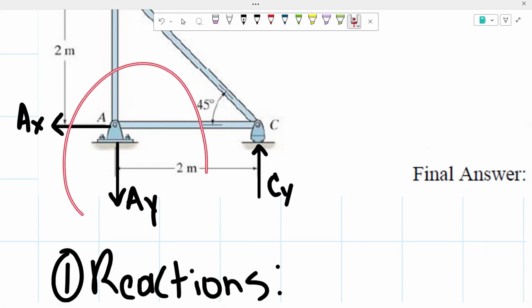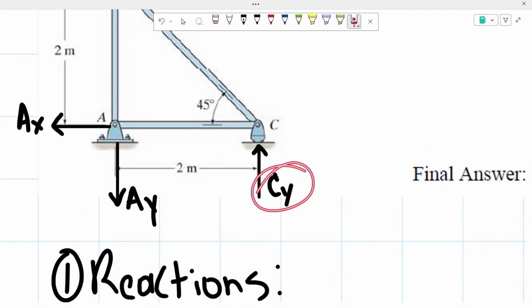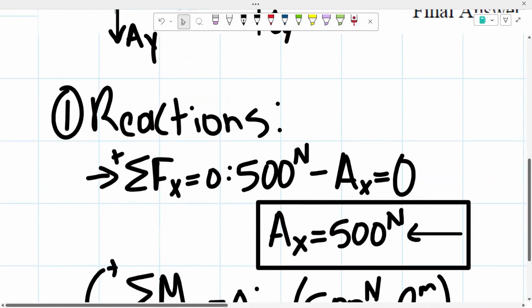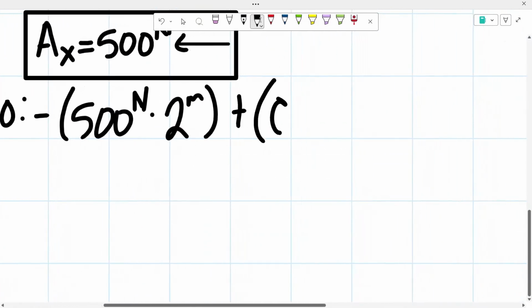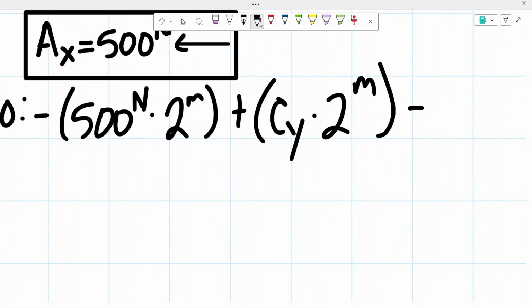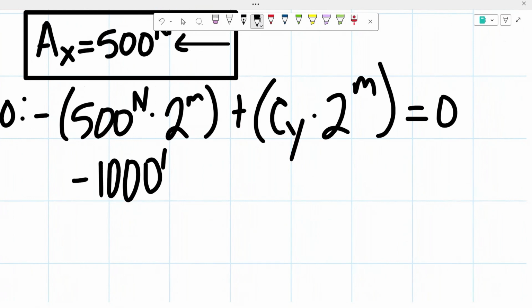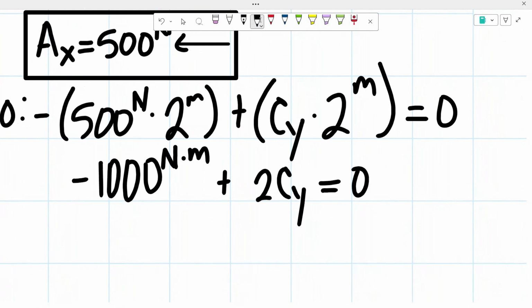That means it's going to create a counterclockwise moment, meaning a positive moment. Our force is what we're trying to determine, and our distance is once again 2 meters. So this time we have a positive force of C of y times 2 meters, and that has to equal 0. So we end up getting negative 1,000 newton meters plus 2 C of y is equal to 0.